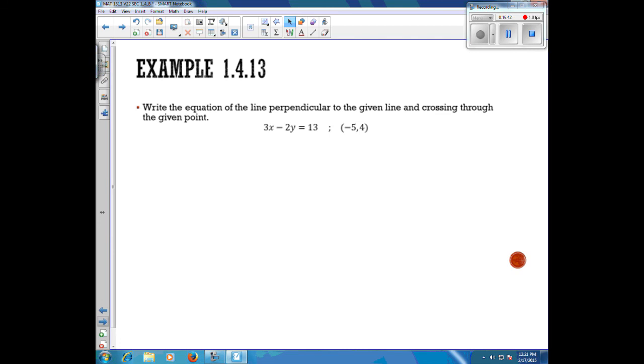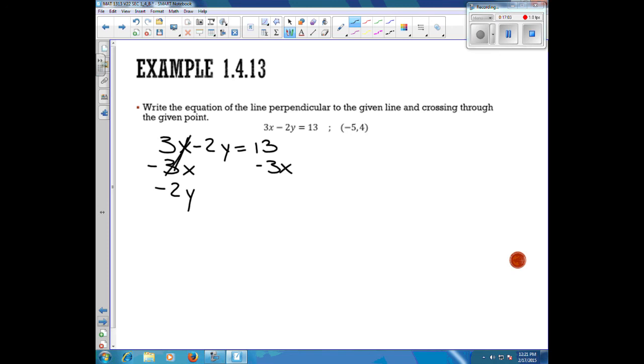Now we want to find the equation of the line perpendicular to this given line. Well, first of all, what we're given is 3x minus 2y is equal to 13. We're going to want to calculate the slope of the given line first. So subtract 3x from both sides. We get negative 2y equals negative 3x plus 13.